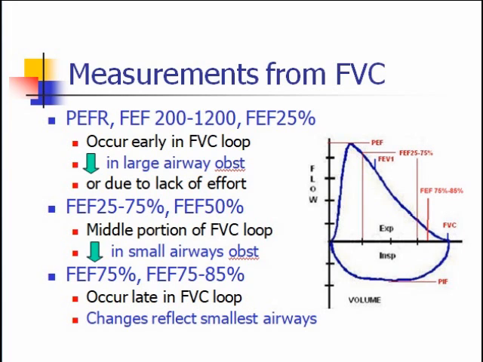This is in the very last portion of the loop, where we're looking at the air finally coming out from the small airways. So the patient is exhaling out, and we're getting them to squeeze down, push as hard as they can until we don't see the patient moving any more volume of air out of their lungs.